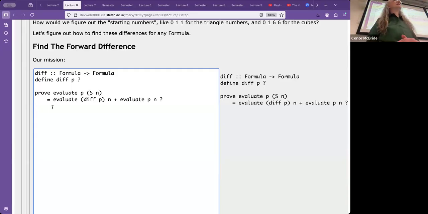And there's something terribly important that I have to emphasize. This is going to look annoyingly like the notion of derivative or differentiation that you may have been taught at school, but it is not going to be exactly the same.